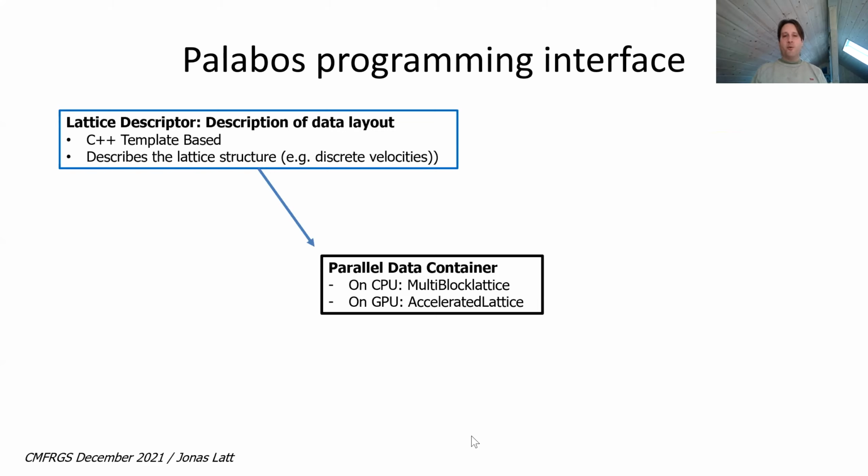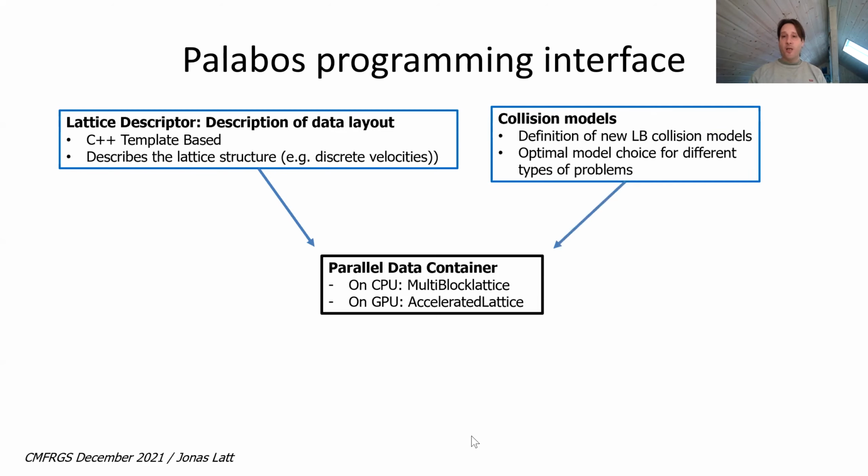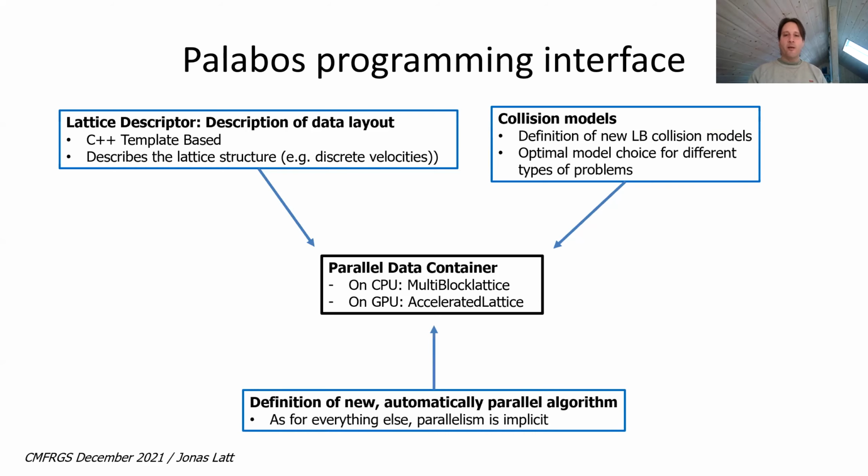There is something called lattice descriptors, in which you choose your velocity discretization, which is adapted to the type of physics you're going to use. You're going to select your collision models, which are essentially the choice of the numerical method appropriate for your problem. And then you are going to write your physics. For example, if you have a thermal flow and want to couple your fluid with a temperature field, you're going to write what we call a data processor.